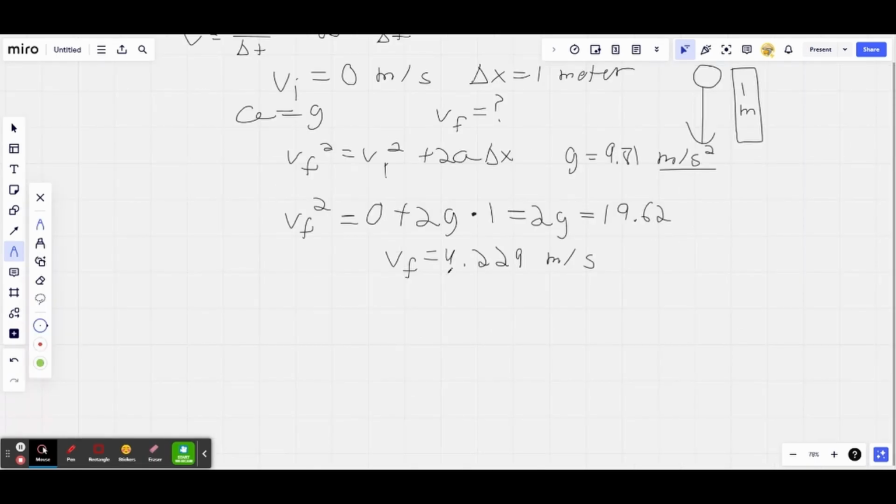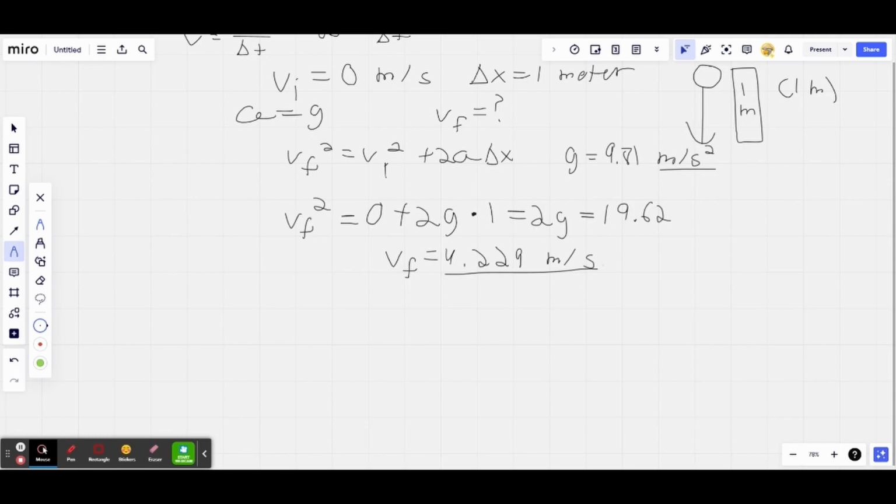Please keep in mind that we got a positive velocity final because the problem told us to assume that the downward direction is positive in this case. So the displacement is 1 meter positive, which is why we get a positive final velocity.